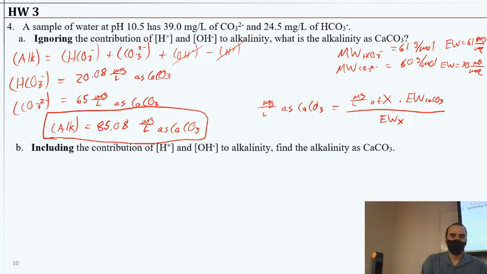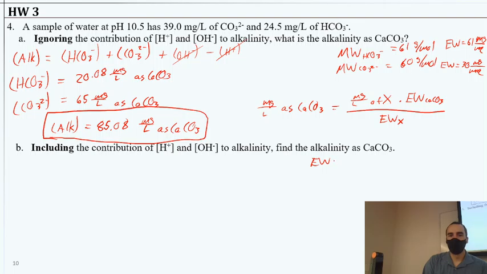So part B is just simply going to add in the OH minus and the H plus to that. Well, really, we're going to subtract the H plus. But at pH 10.5, the H plus is going to be really, really small, and it's a small impact anyway because the equivalent weight is 1. So we can do the same process.